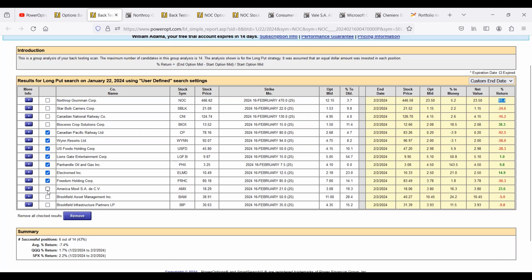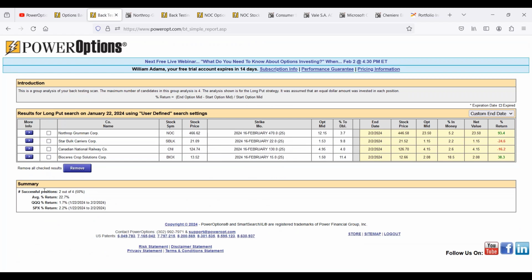Of course, you might be using a different sort and not seeing them in that order. Yeah, so this would have been a 50% with a 22.7% return, taking the 24% loss, 16% loss, 38% win, 93% win as well. Assuming even money is added into each position, or the monetary gains for each one. Some of them are very small, some of them are very big.